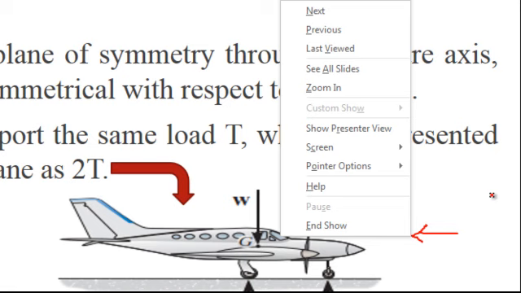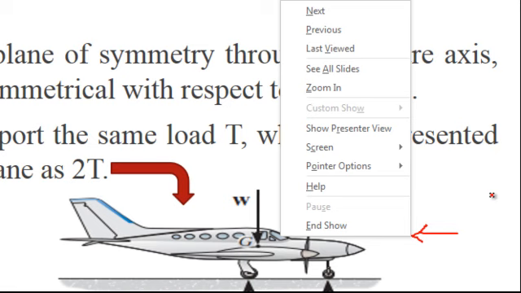At the rear wheel, there are 2 of them. But instead of analyzing it in 3D, we can solve it in 2D, where we are going to have a reaction R on the front wheel and T, which is going to be 2T, representing the 2 rear wheels.